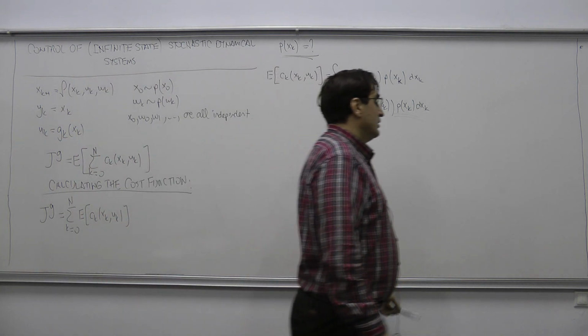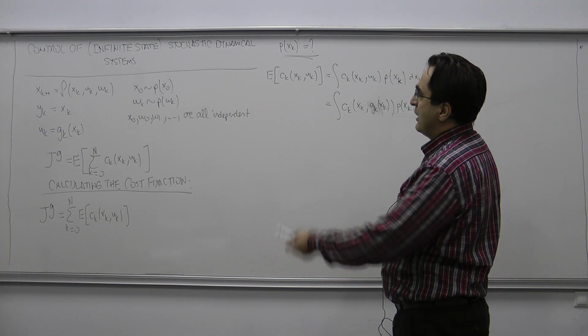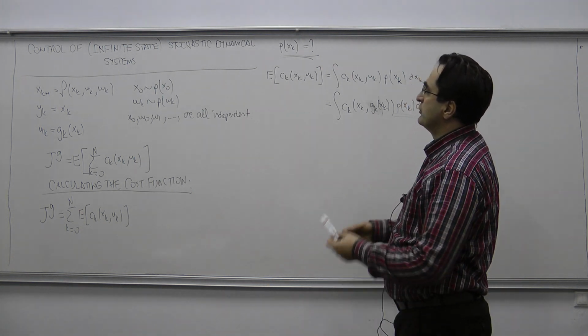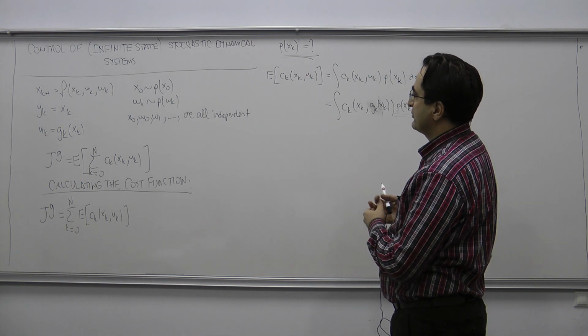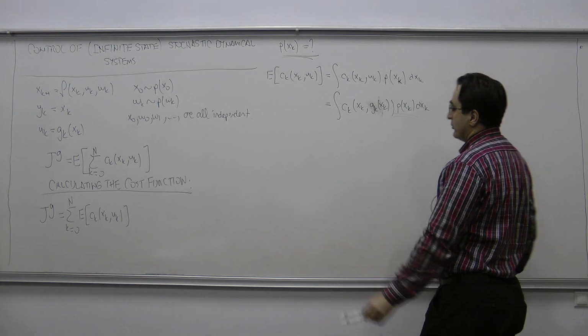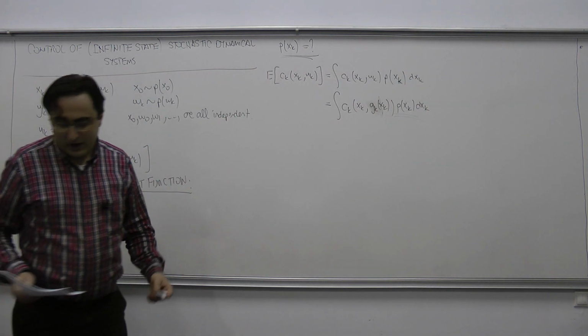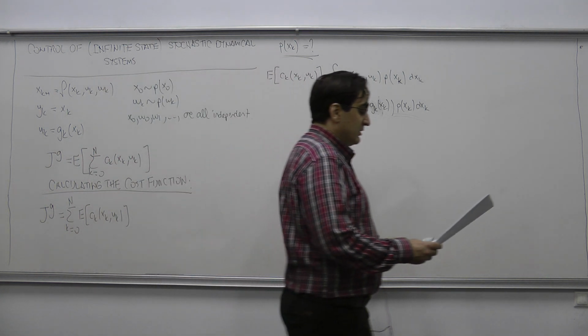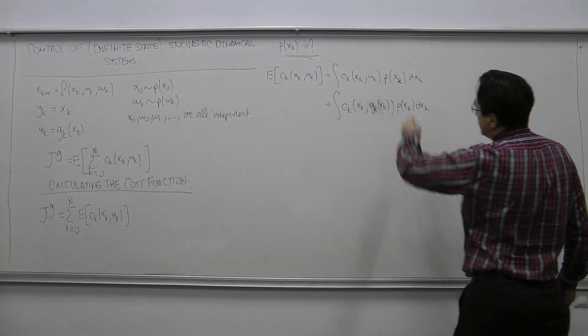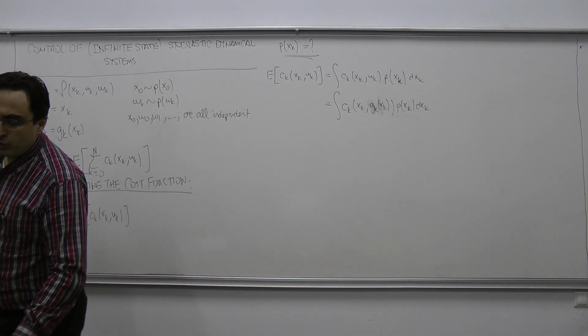So without actually knowing the specific system and the specific distributions of the process noise and the initial conditions, I will not be able to know this P of xk. Okay?